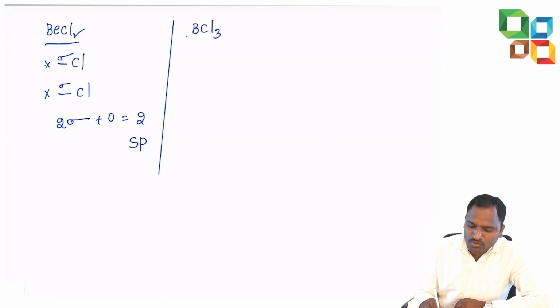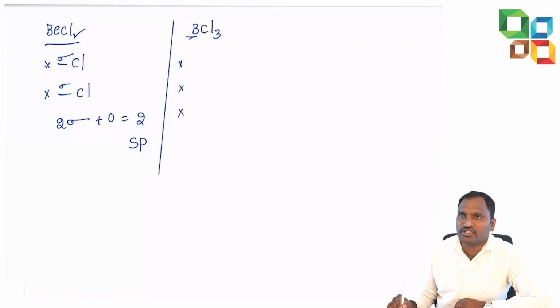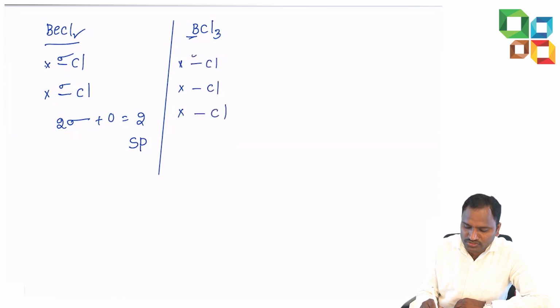BCl3 I did. Boron belongs to the 13th group. It has 3 valence electrons. Otherwise, write the electronic configuration and you'll come to know. 3 chlorines will form bonds with 3 electrons of boron. How many sigma bonds, students? 1, 2, 3.